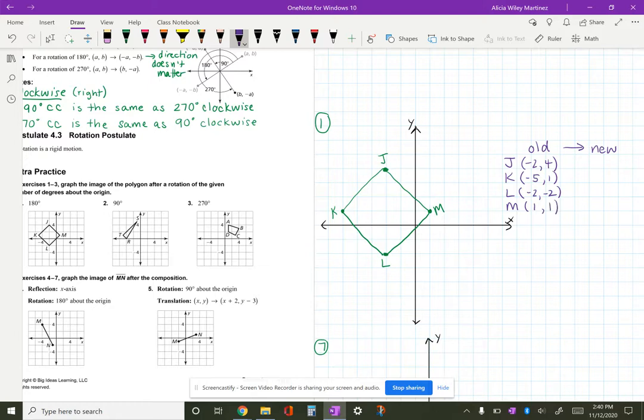Now, following the rule, I'm going to name my new points J prime, K prime, L prime, and M prime.